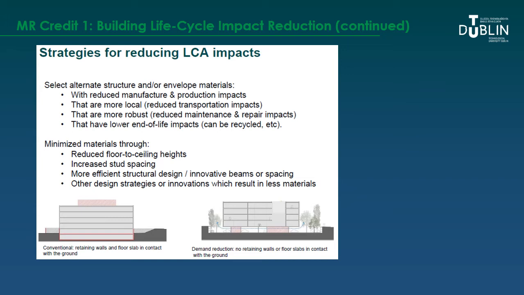Or it might be that you're using prefabricated materials off-site, so there's less waste and there's less of them, etc. So there's lots of different strategies for how you actually go about getting that 10% reduction.